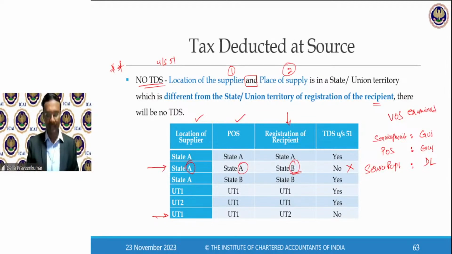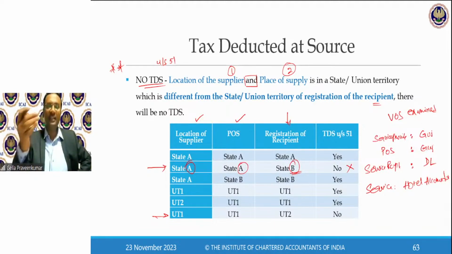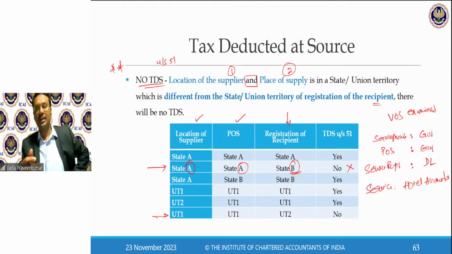This is an example. Now, what is the nature of service? Let's take the example of hotel accommodation. Assuming that a local authority of Delhi has conducted a conference in Gujarat, I have taken on rent a particular convention hall where 5 lakhs was the amount paid.